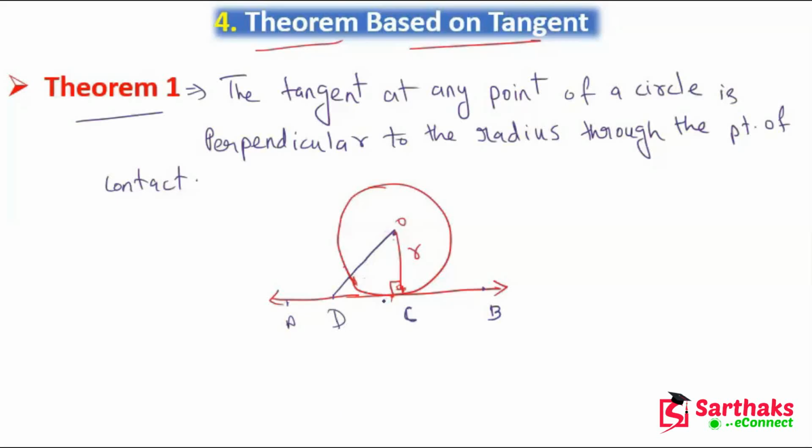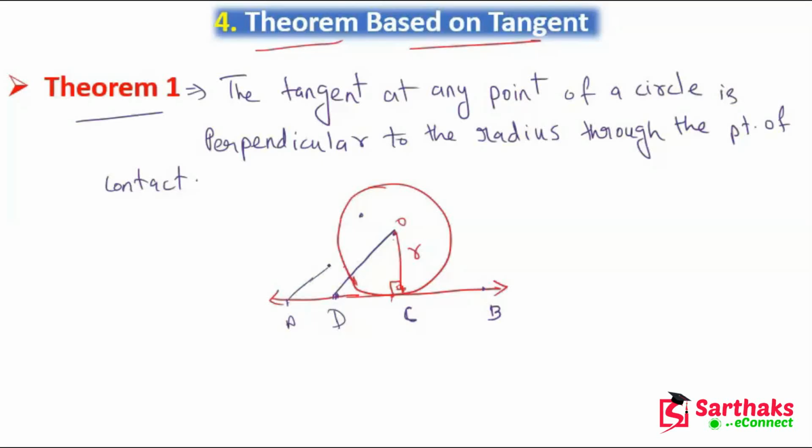Now this point D lies outside the circle. Because if we suppose we take the point D inside the circle, then AB will be a secant.